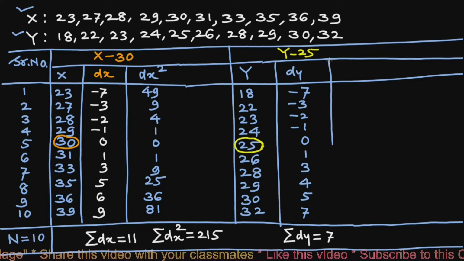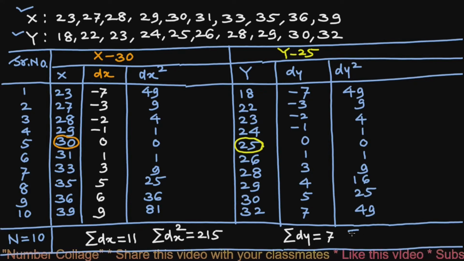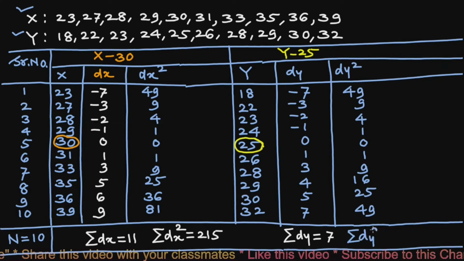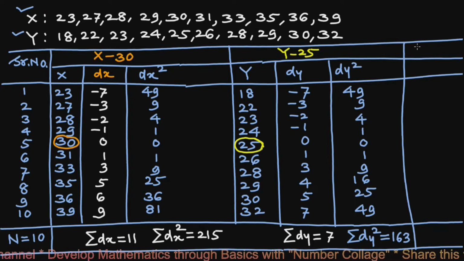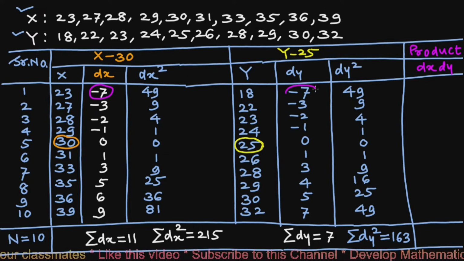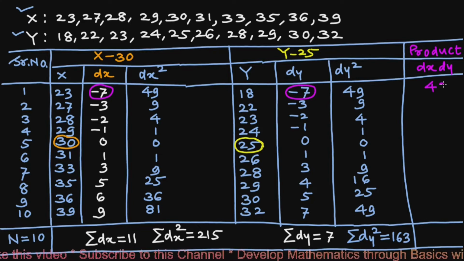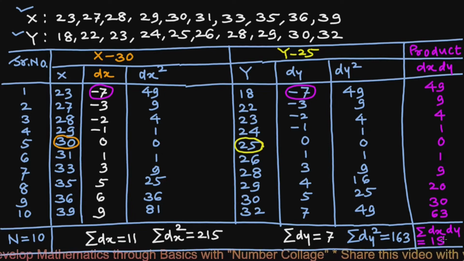In the next column we write dy square, so that will be 49, 9, and that gives us summation dy square equals 163. In the last column we write product of dx and dy. So minus 7 multiplied by minus 7 is 49, and we get summation dx dy equals 186.